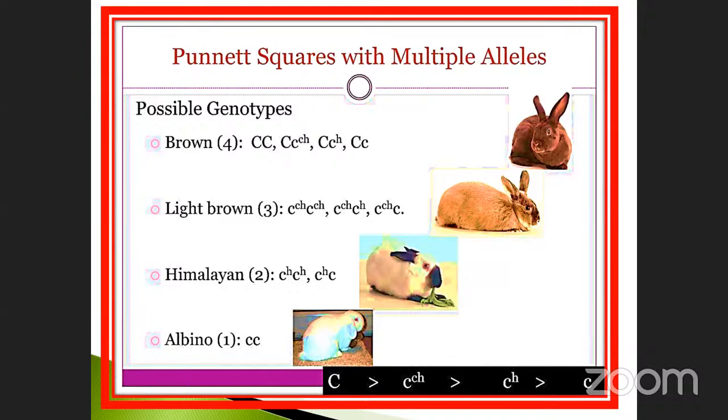This is called light brown. Himalayan, 2 is possible. CH, C. Okay. So this is called what is that? Himalayan is possible. Last one is called albino. This is small c, small c. These are the 10 possibilities. How will you get it? When you put the Punnett square, you will get this type.